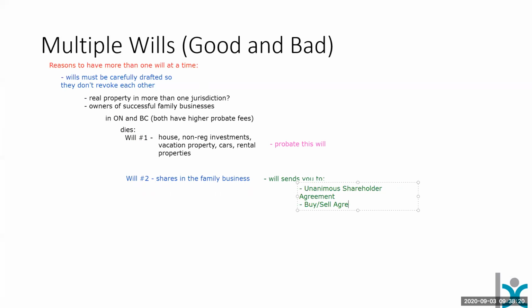There's going to be something that's going to essentially, I don't want to say override, that's not quite the right word, but something that's going to replace the requirement to distribute these shares via the will. So we're not distributing the shares because of what it says in the will, we're distributing the shares because of what it says in this other document, and therefore there's no need to probate this will. Is everybody with me here?